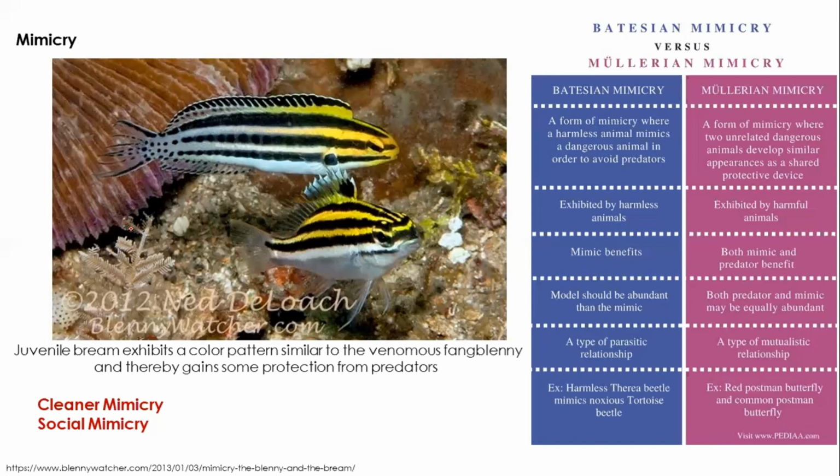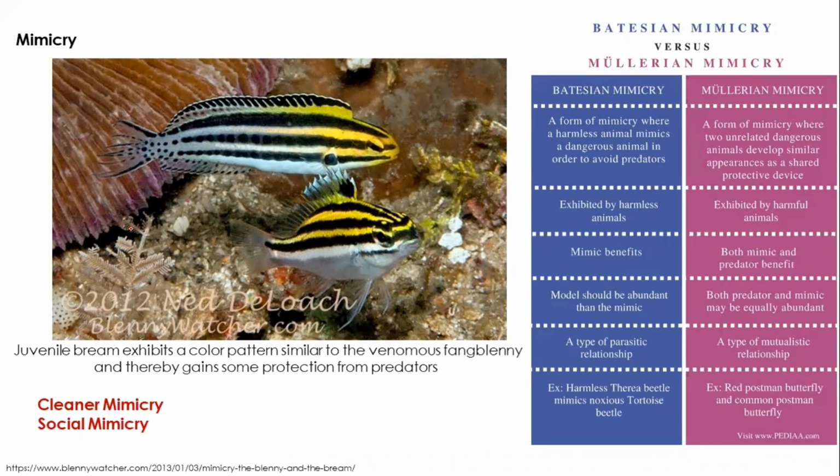So the chance for the dog to be eaten by the lion is high. But if the dog has developed mimicry which resembles a lion, the lion will not attack it, right? So I am considering the dog as a harmless animal here. If a harmless animal mimics a dangerous animal just in order to avoid the predator, that is an example of Batesian mimicry.